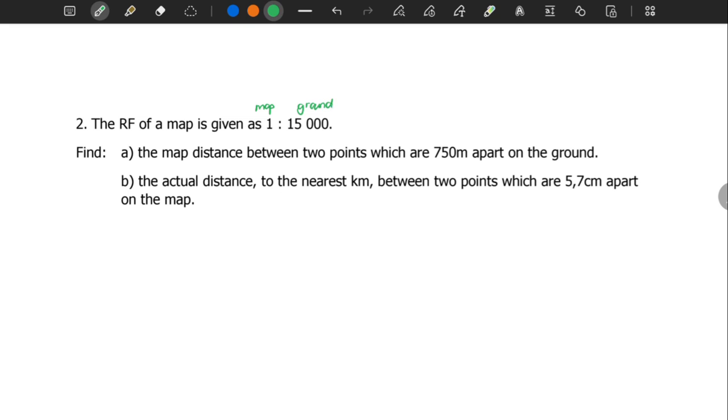So now if we look at it like, so this is A, we're being asked to find the map distance, right? Given the distance on the ground. So we have the real distance and the map distance. The scale tells us that when the real distance is 15,000, the map distance is going to be 1 centimeter.